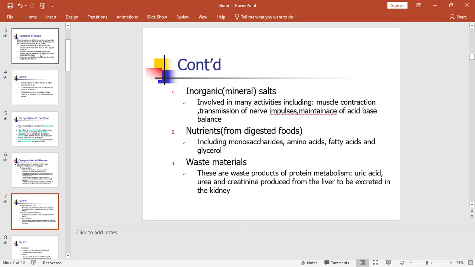We also know that blood is going to have, especially if you look at the portal vein.